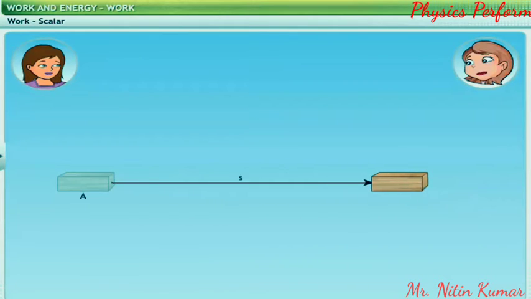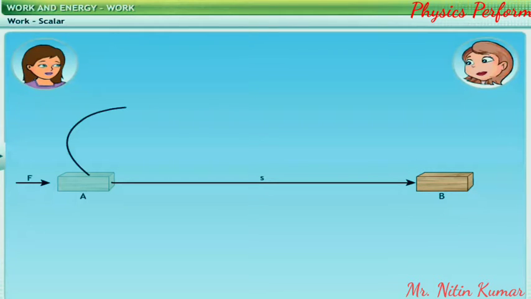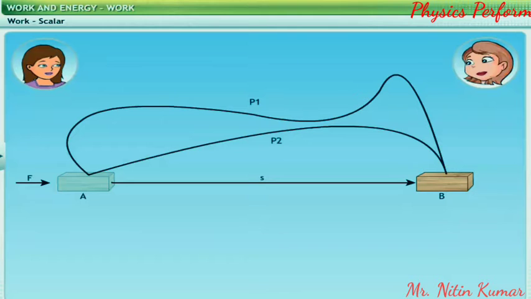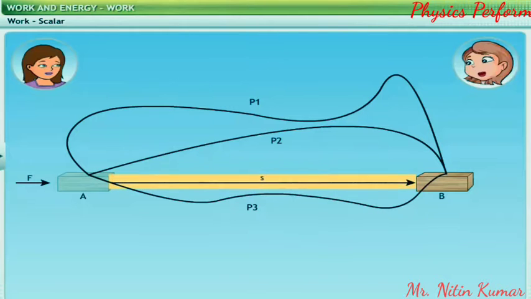Consider an object displaced from the point A to the point B on the application of a constant force F. The object can be displaced from A to B in any of the paths, that is, P1, P2 or P3. But the displacement of the object still remains the same, that is, S, the shortest path from A to B.